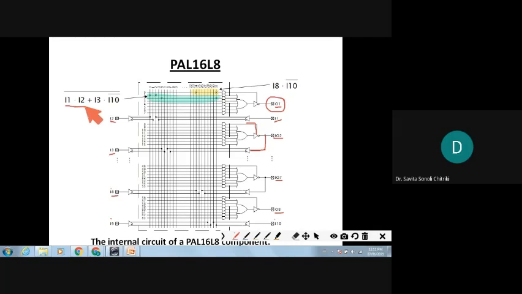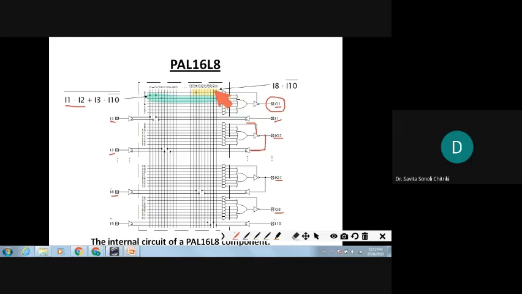O1 has to be implemented as what? I1 into I2. So these are the I1, I2 lines. I1 pin, this indicates up to here. First one, I1 ANDed with I2.